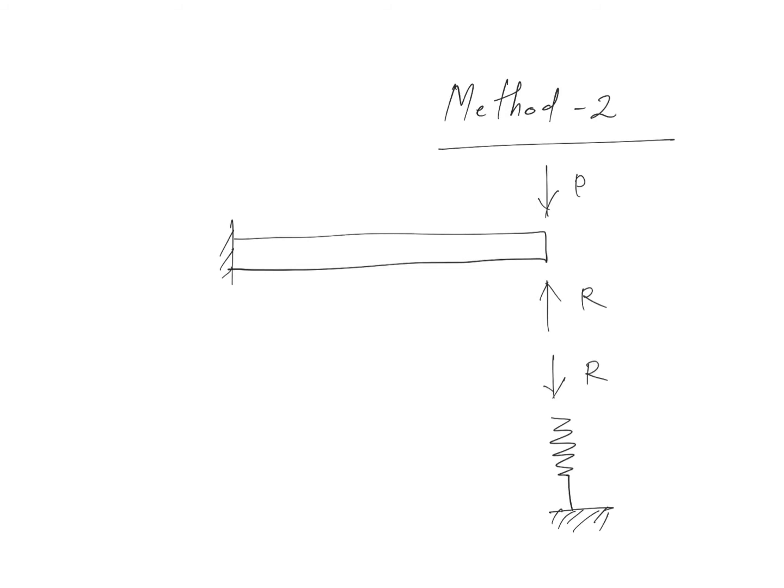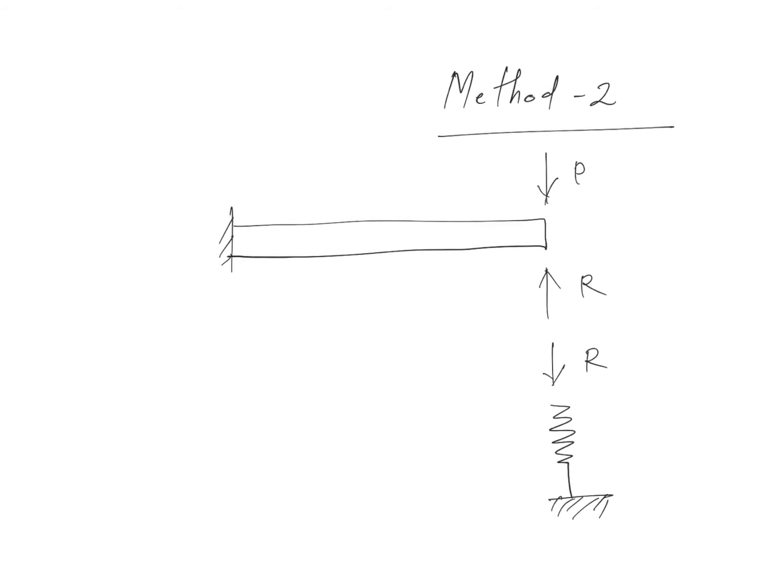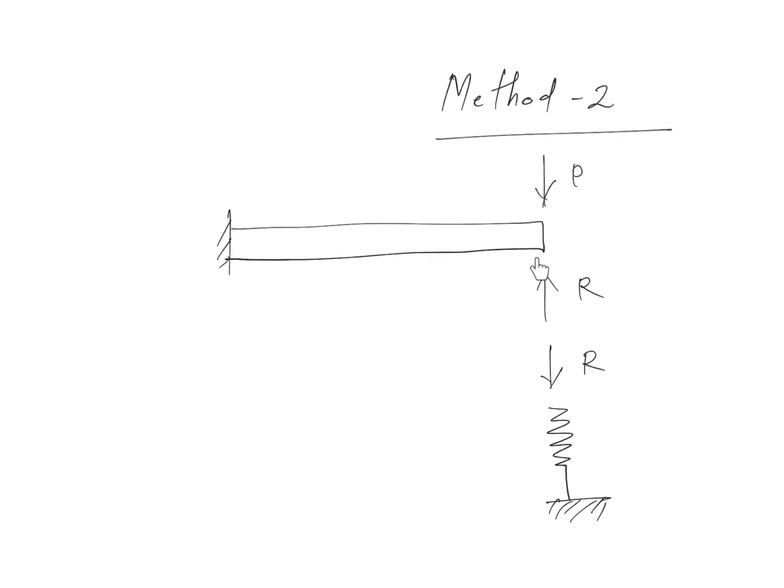There is a compatibility constraint that governs the system, which goes like this. Whatever be the downward displacement of the beam, the same will be the deflection felt by the spring also. Make sense?